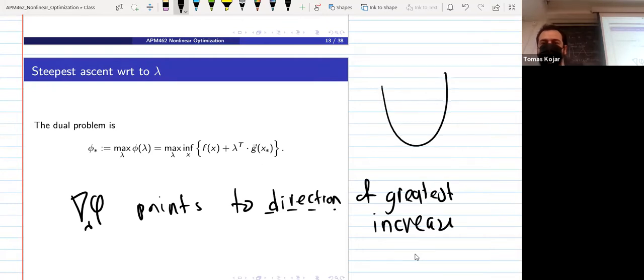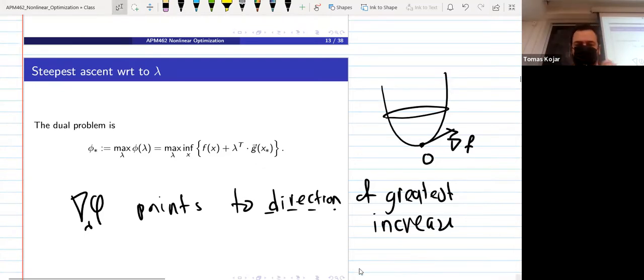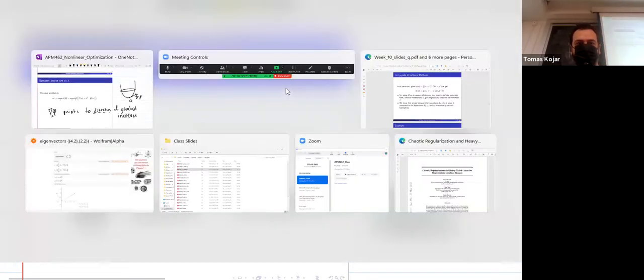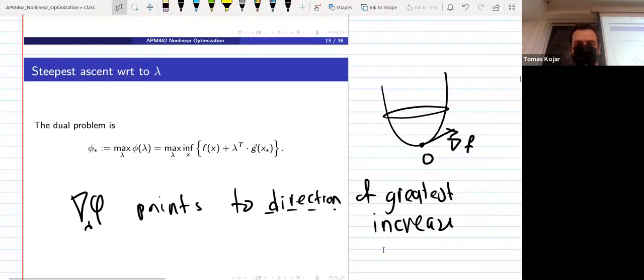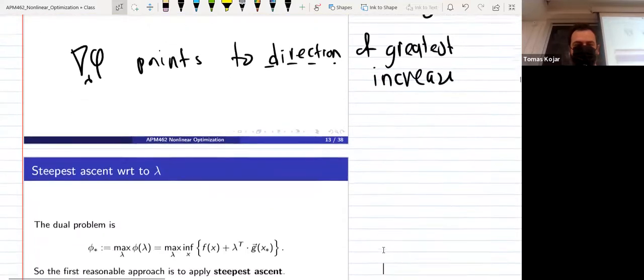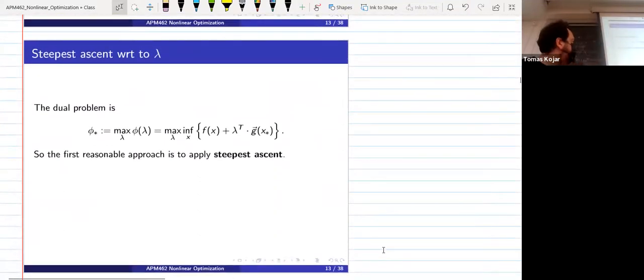So anything that points away from the minimizer, for example, will be your gradient. To do numerics, we need to study steepest ascent.